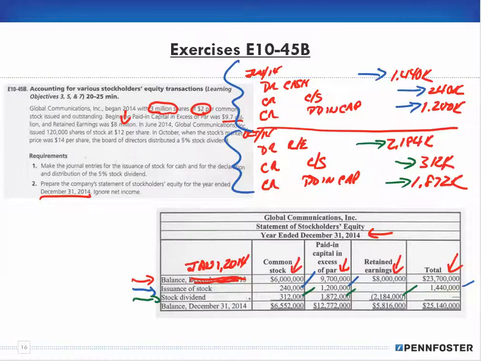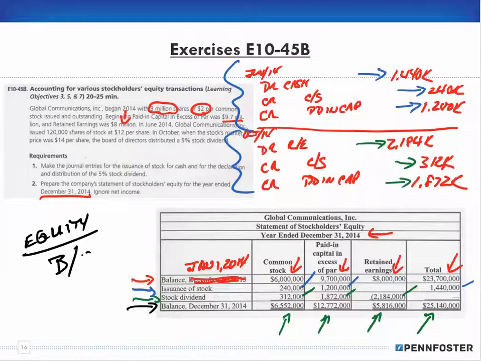And then, of course, the last thing we do is total up all of the figures. When we do that, we can create those numbers on a statement of stockholders' equity, which should match what you have on the equity section of the balance sheet.